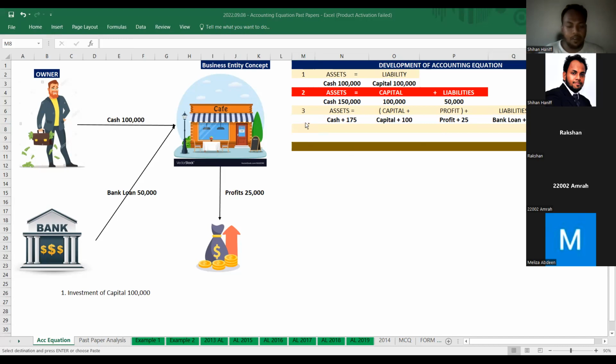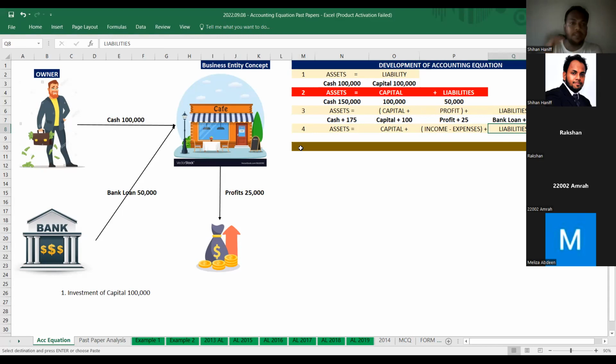Very good. So we change this profit. Profit means income minus expenses. So another equation can be derived from this. Assets equals capital plus income minus expenses plus liabilities.